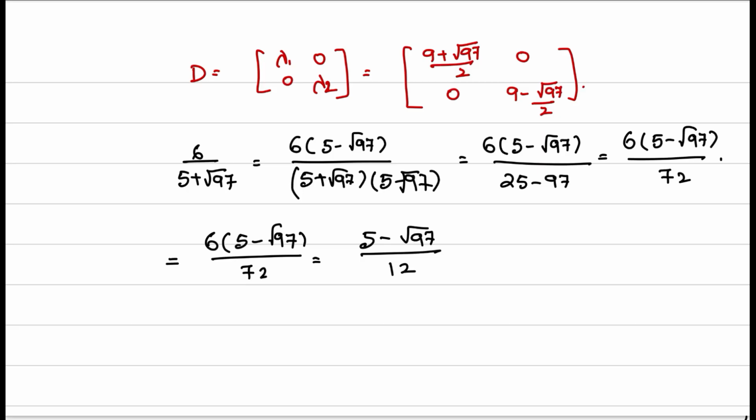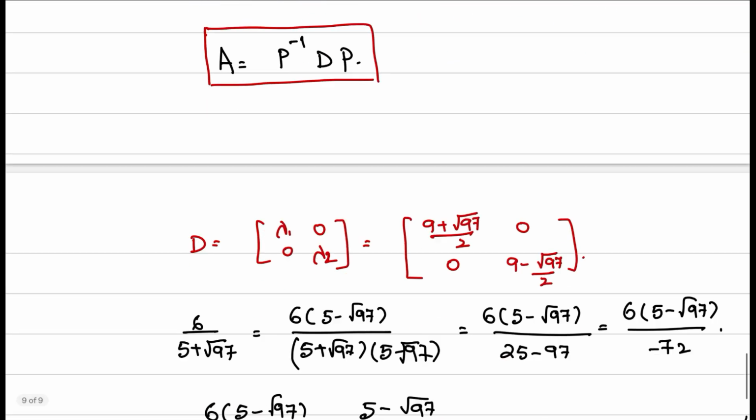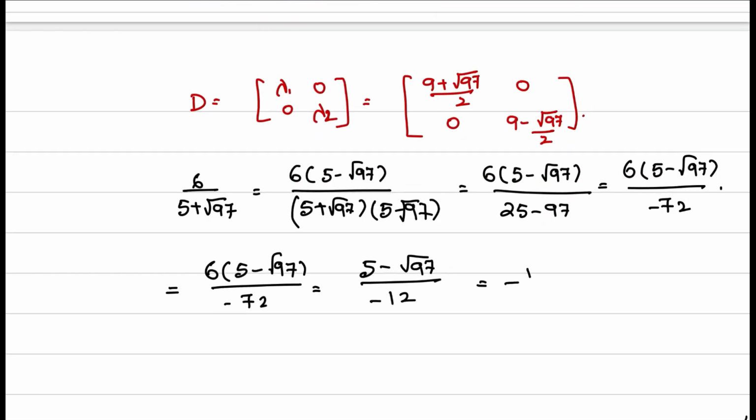It is minus 72. It is minus 12. That is equal to minus 1 by 12 into 5 minus square root of 97.